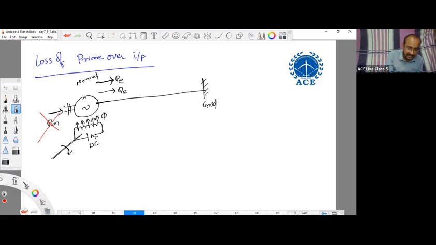The alternator field winding is still excited, so it draws real power from the grid, delivers reactive power to the grid, and behaves as a synchronous motor. So whenever the mechanical input is lost, how does the machine behave? As a synchronous motor. So what is your observation here?